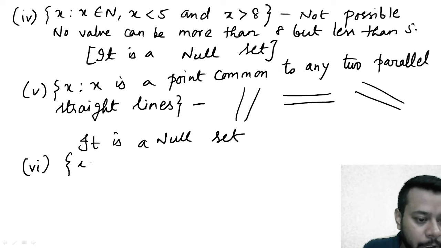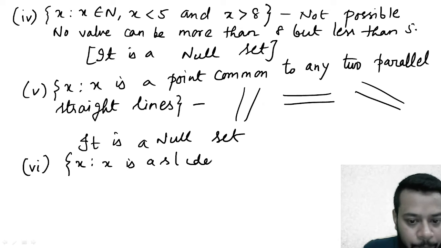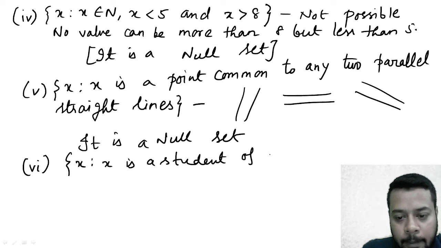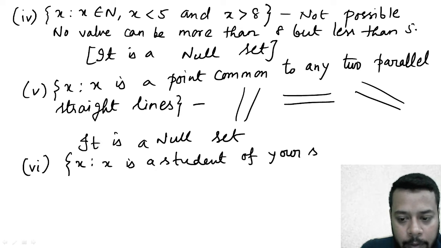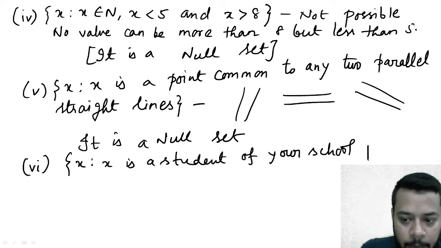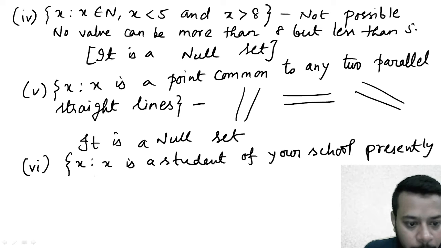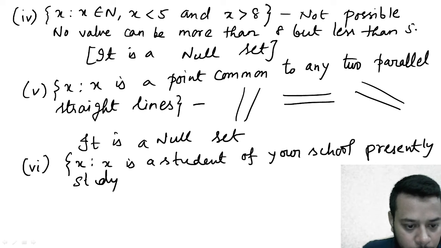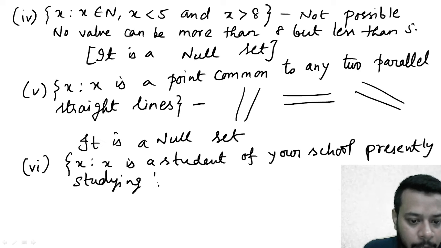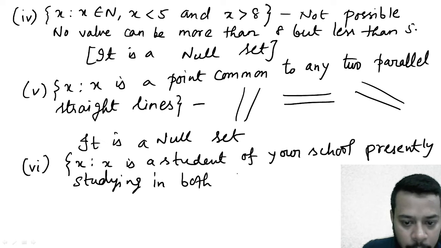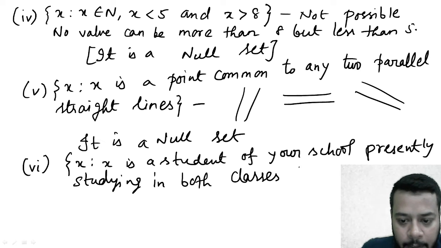Coming to the last question of this question, X is a student of your school presently studying in both classes 11 and 12.